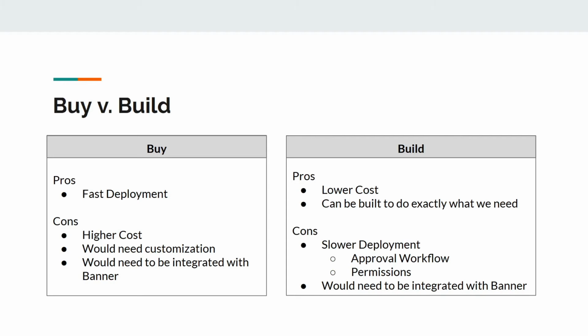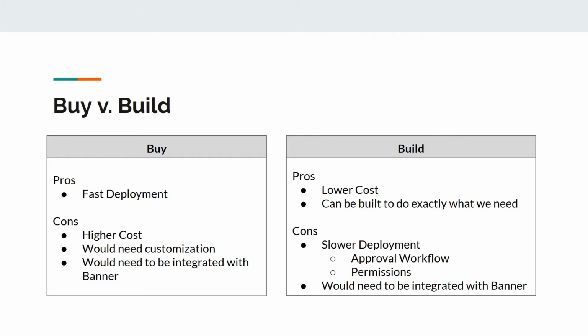So we started looking at products that we could buy that would integrate with Banner and do a time clock system that way. There's several options out there. Time Clock Plus is probably the one that a lot of people are familiar with. The advantage to buying something is that we would have had a fast deployment, but there's going to be higher costs associated with that.